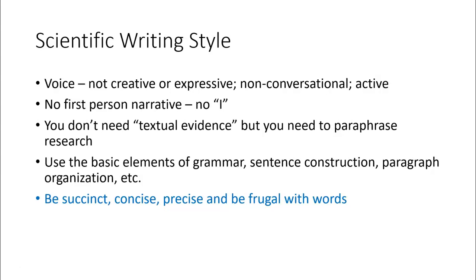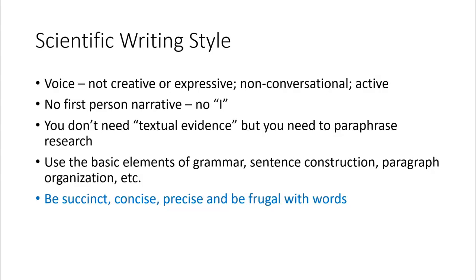In this style of writing, you don't need textual evidence like you would in a literature course, where you need to provide the exact word-for-word content from a book or a piece. For example, in Great Expectations, in a literature class, you might want to provide a passage from that book.